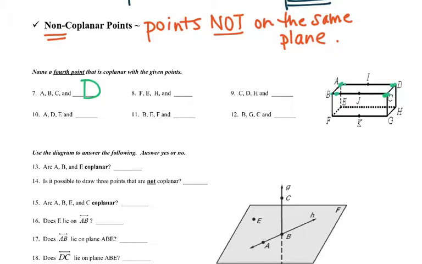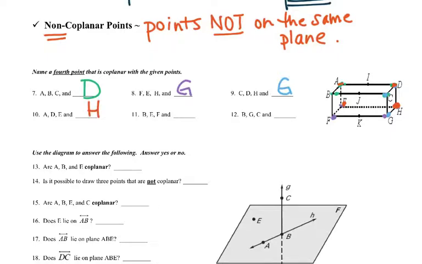What about F, E, H, and? You're right, G make a plane. What about C, D, H, and G make a plane? What about A, D, E, this one's kind of in the back there, H, correct.